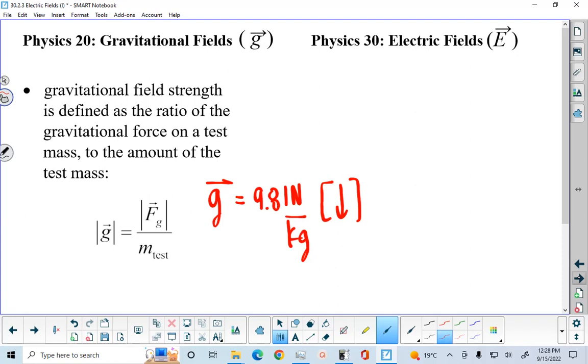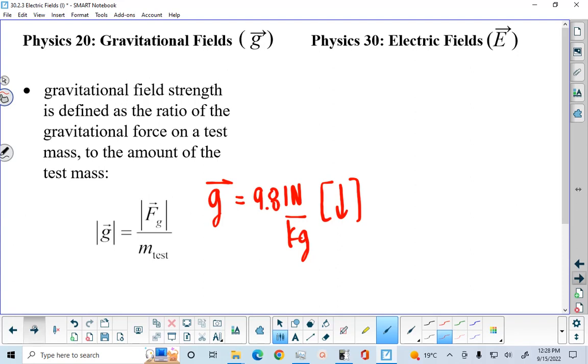And I know that your Physics 20 teacher may not have stressed this as much as I would maybe do it if I taught Physics 20, but newtons per kilogram are an important set of units here. We can write meters per second squared, or we can write newtons per kilogram.